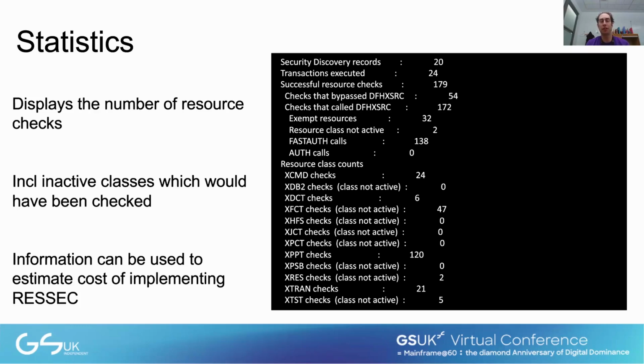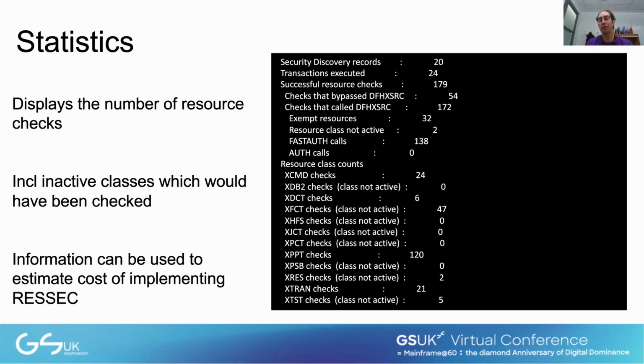So we can see with this particular workload, XTran is active and XPPT is active, but there's 47 XFCT checks that would have been made if file security was active. So if this was part of a process to enable file security, you say, okay, well, I'm going to have 47 extra checks.